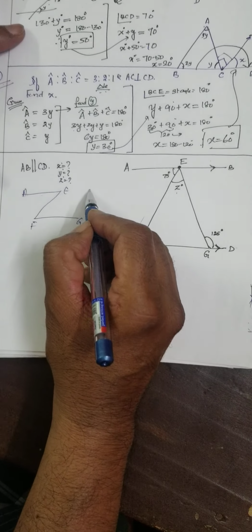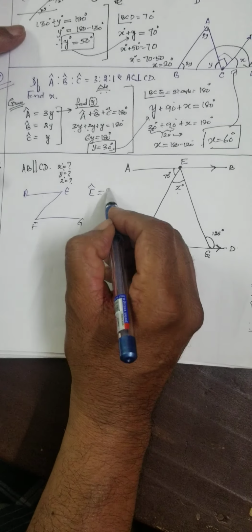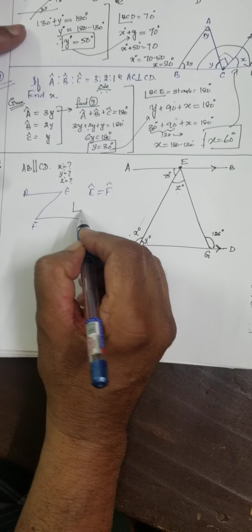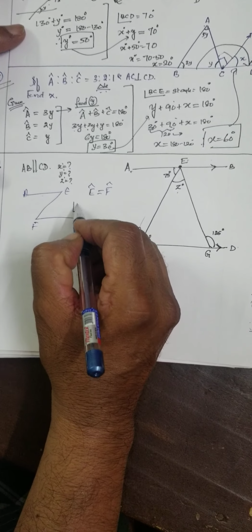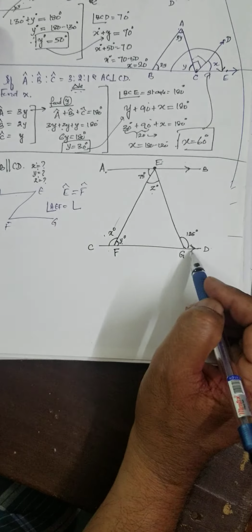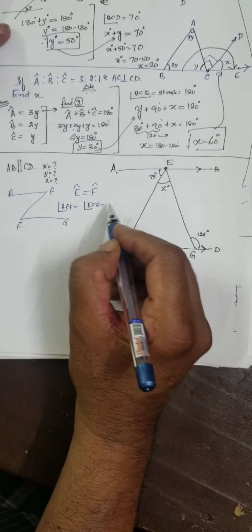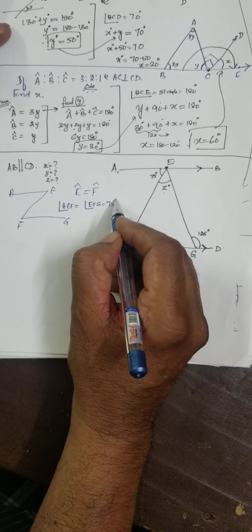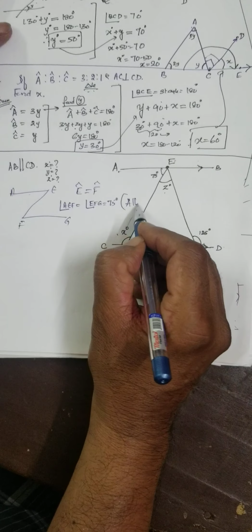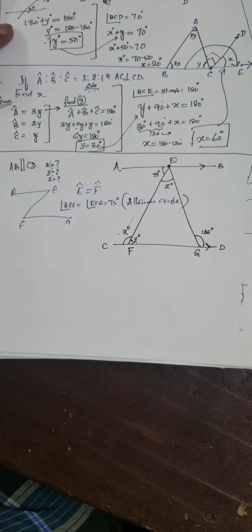That is angle E is equal to angle F. That means angle AEF is equal to angle EFG. This is how much? 75 degrees, because alternate angles.